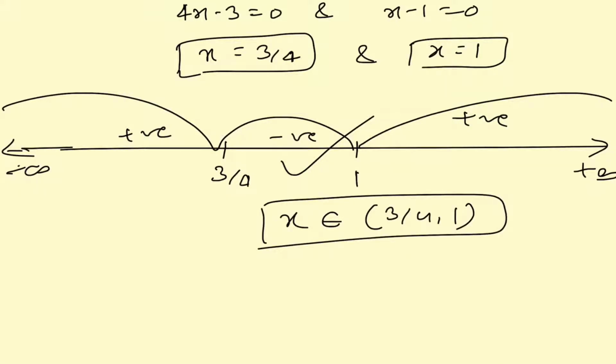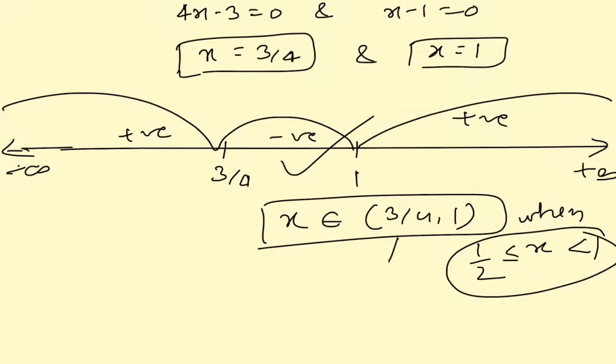But when x is greater than or equal to 1 by 2 and less than 1, we need to take the intersection of these two things.